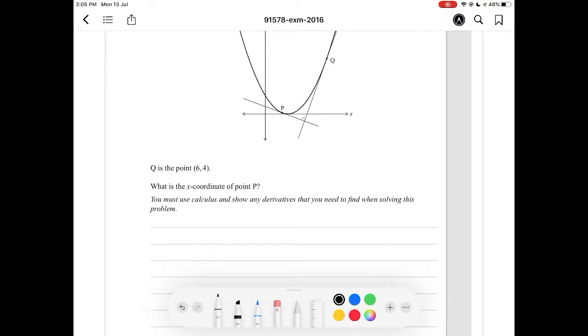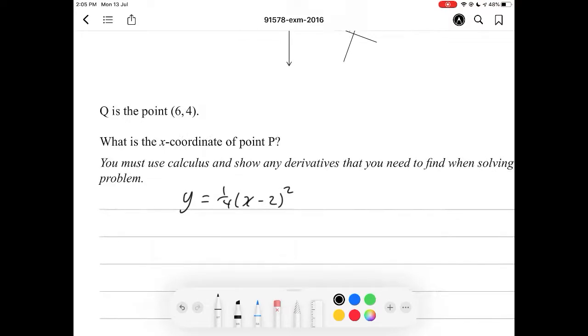So our function is y equals 1 over 4 bracket x minus 2 squared. We need to go to our gradient function, and we can do that by using the chain rule again. In this case, the outer function is to the power of 2 on the outside, and the inner function is just x minus 2. So dy over dx, we're going to say 2 times 1 over 4 is 1 over 2, times x minus 2.